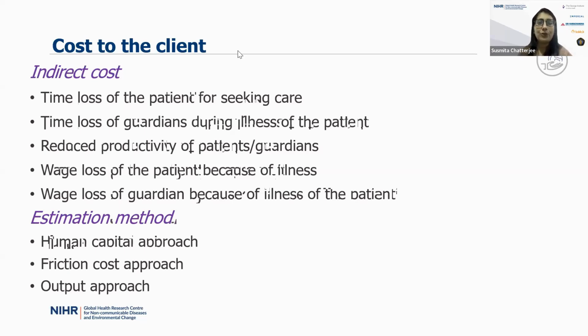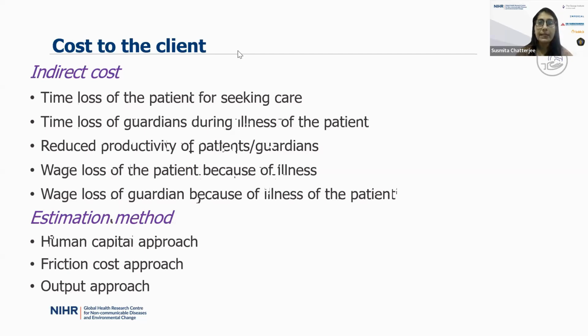Which we need to consider from an equity lens. So time loss is always considered. For me, that's the best thing to do because we are putting equal value on everyone. If we take into account the minimum wage rate, then we are putting similar value on everyone. And that makes sense. But wage loss will be applicable only for those who are earning something, right?